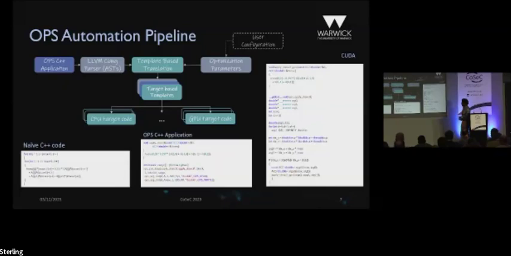For example, the naive C++ code for the stencil computation you saw in my previous example can be translated into an OPS application just by separating the kernel and using some OPS APIs. Then our translator will generate CUDA code for you.